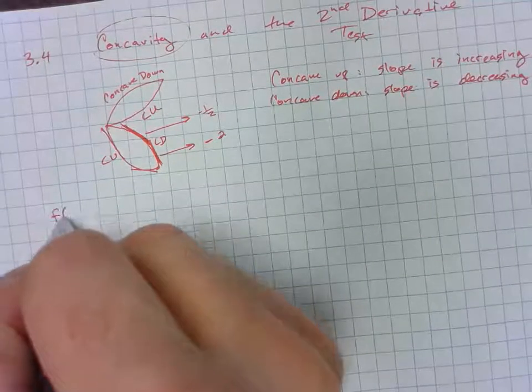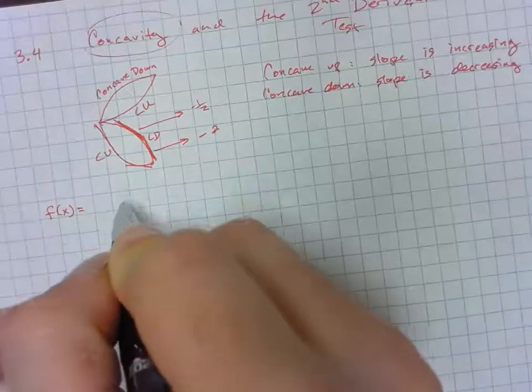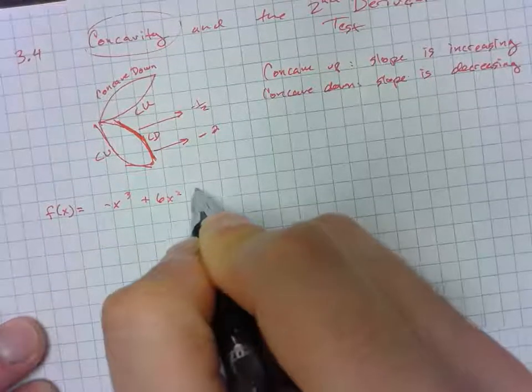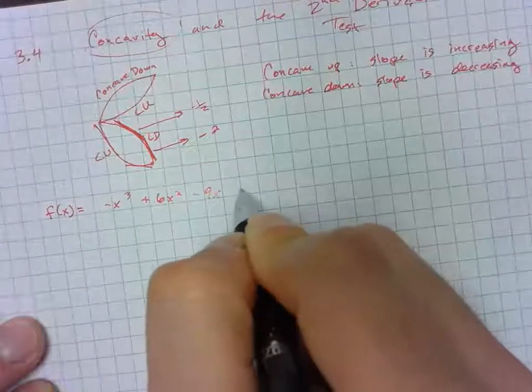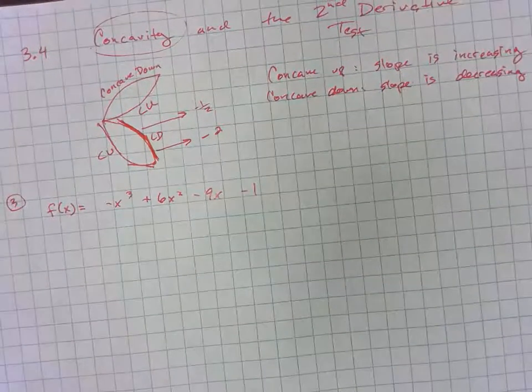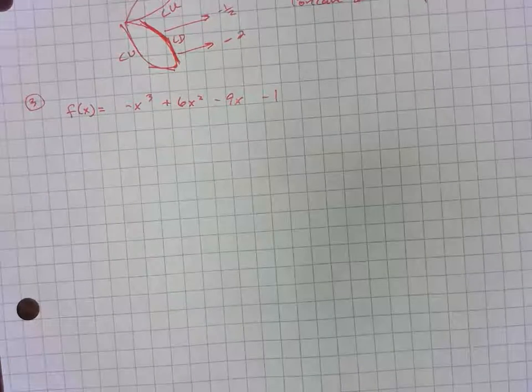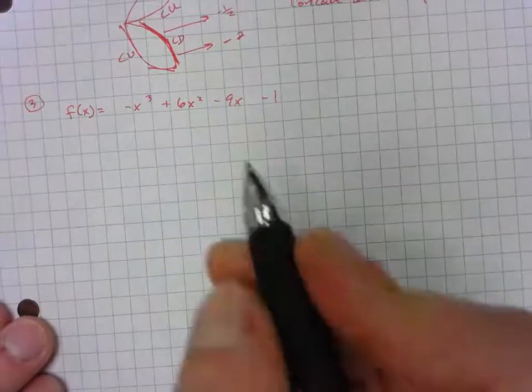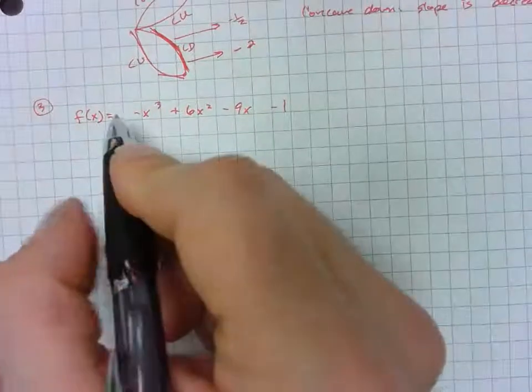F of x is equal to negative x cubed plus 6x squared minus 9x minus 1. This is number 3, by the way, for your homework tonight. First one. We're going to figure out the concavity of this guy, and that's when the slope is increasing or decreasing.